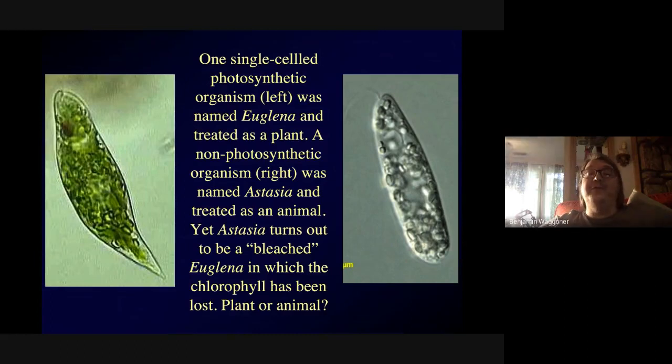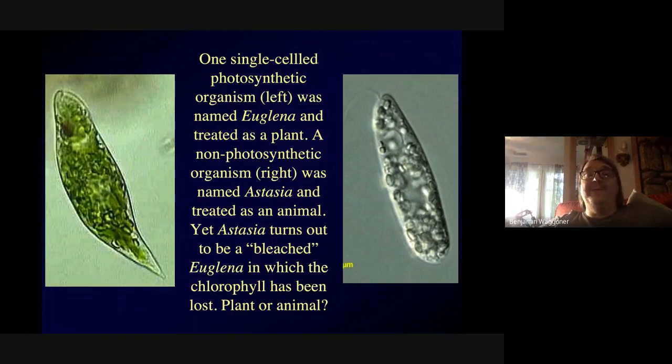A non-photosynthetic organism at the right called Astasia looks an awful lot like Euglena, but it's not photosynthetic, and it eats things. So it was treated as an animal, and yet it turns out that there's no real difference between the two, that Astasia is what you get if you take a bunch of Euglena and you grow them in darkness.